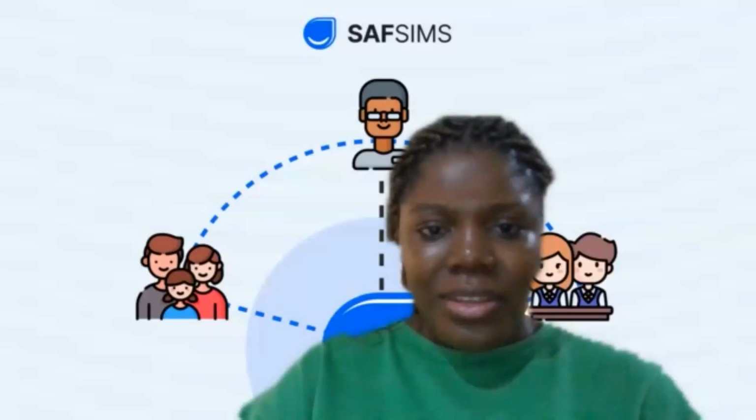From your biodata to other information, like when it's an emergency, someone to contact, and then other documents for a particular staff. And very importantly, being able to retrieve these records in real time. So on SAFSIMS, you can have them as a PDF or an Excel report. So let me just show what the Excel looks like. So this is the Excel for your staff.